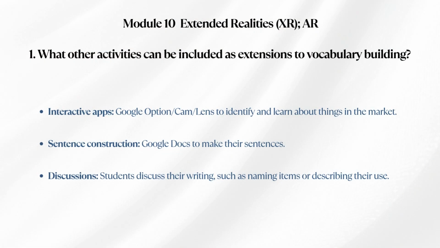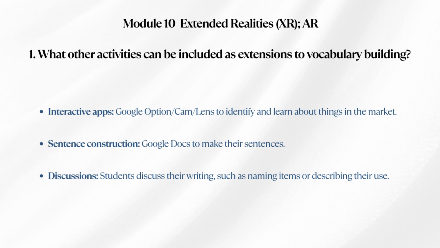In Module 10, vocabulary building with extended realities, XR, one inquiry asked what other activities can be included as extensions to vocabulary building. For vocabulary building, technology can provide a lot of exciting options.